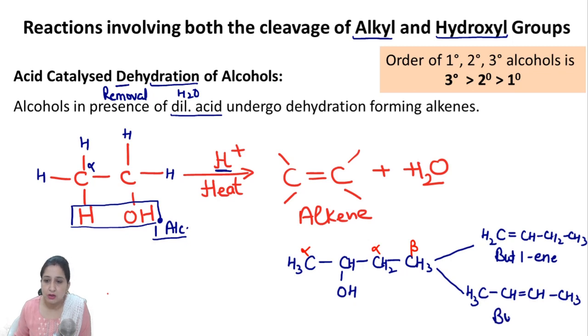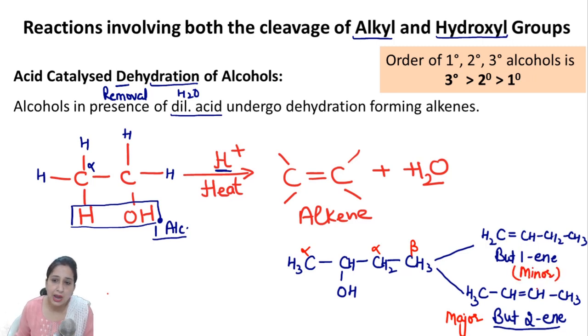This is your but-2-ene. So according to the experimental studies, it is your major product. So the major product will be but-2-ene, not but-1-ene. So but-1-ene will be your minor product.